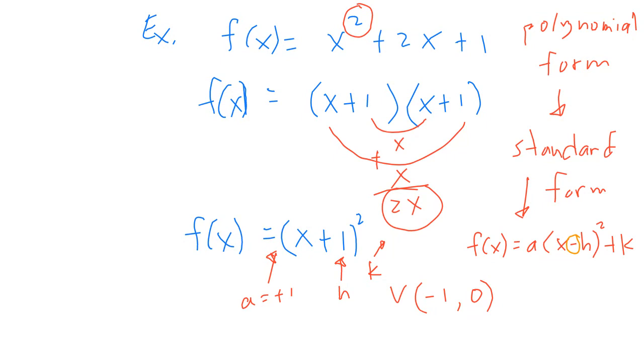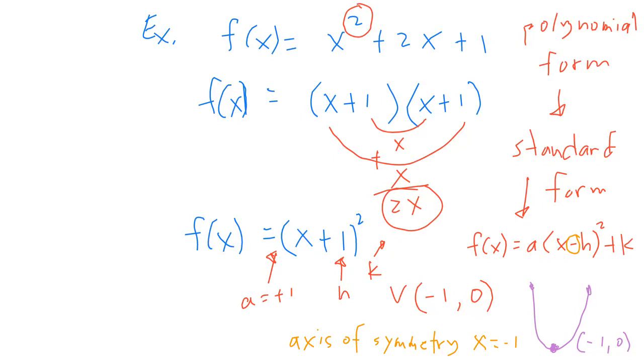When you draw the graph here, the parabola is opening upward, and the vertex is at -1, comma 0. If you're asked what the axis of symmetry is at this point, the axis of symmetry is at x equals -1.